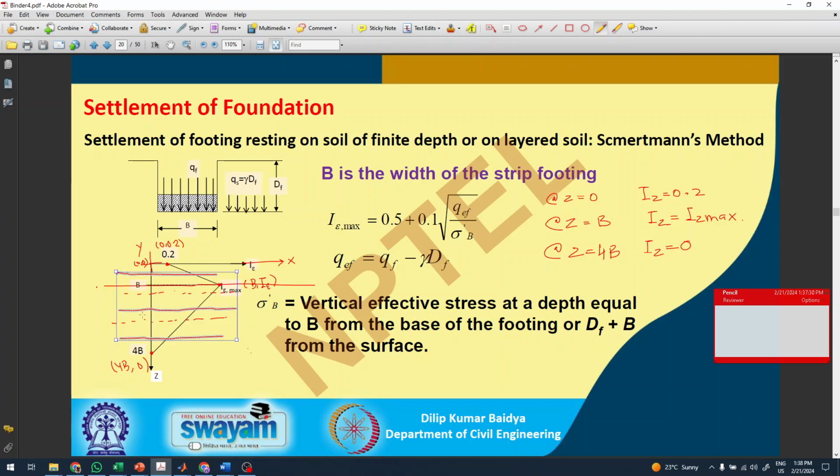There'll be one strata here, one strata here, one layer here. That is why, whatever type of strata we have, we will need to interpolate for the values of I. Here we need these Z and the other values. Okay, so let us go back to the PPT now.